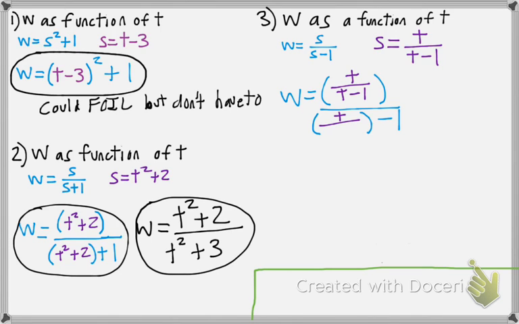So t over t minus 1. And that'll be our final answer. So again, notice in the final answers we have w, and it's equal to some kind of equation which only uses t. There's no s's.